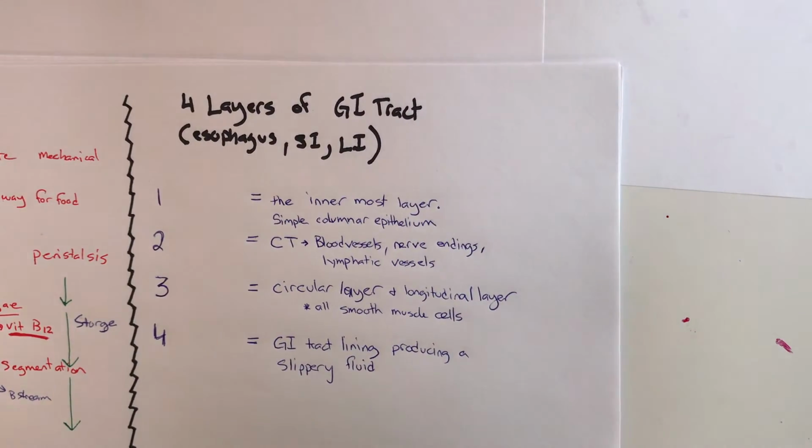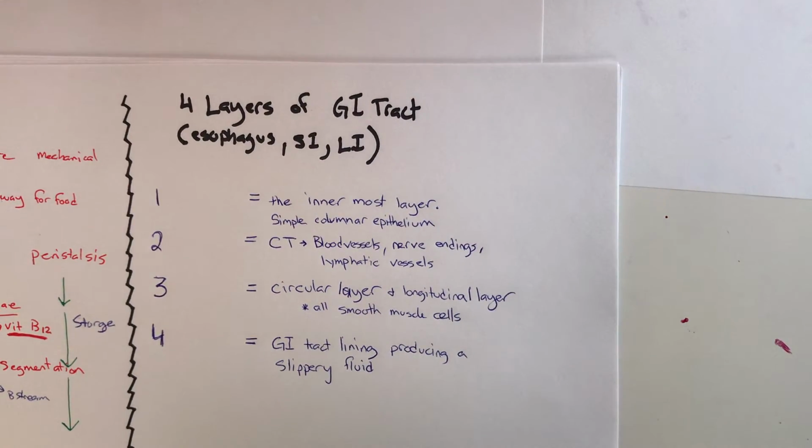Very, very briefly, there are 4 layers of the GI tract, and so we're talking the esophagus, the small intestine, and the large intestine. I just want you to briefly know what these 4 are.